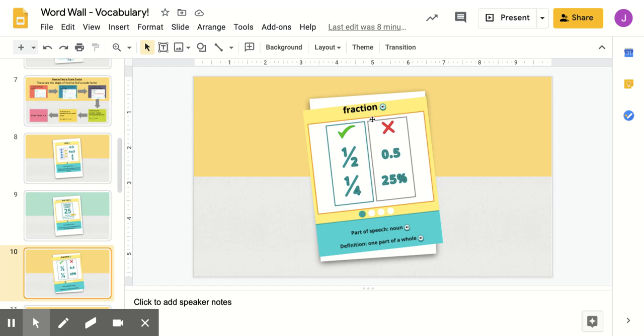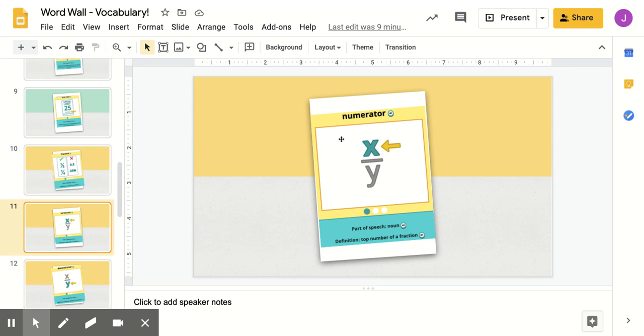These are not how you write fractions. 0.5 is not a fraction, and 25% is not a fraction. It has to be written as something over something else. And again, it's 1 part of a whole. So if you have 3 pieces of cake left out of a cake that originally had 4, you have 3 parts of the whole cake left. Very good.